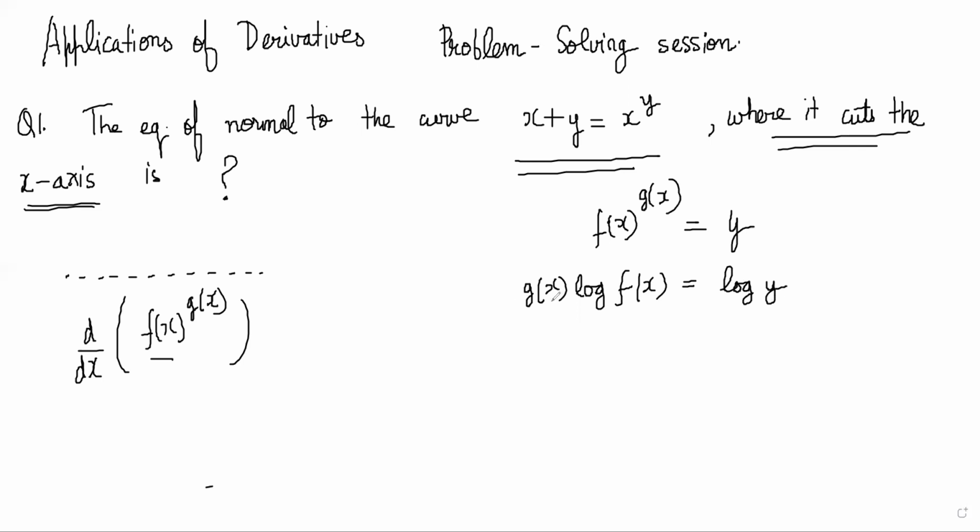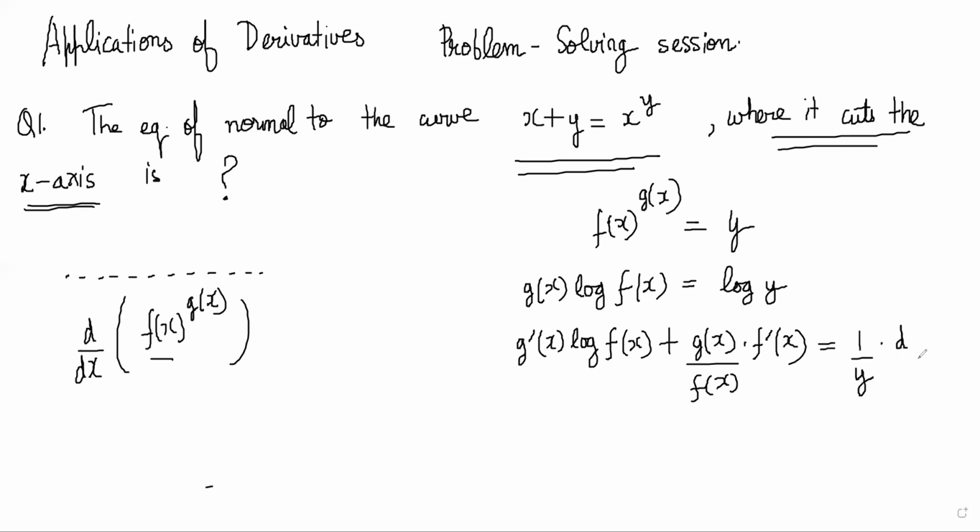Now you can differentiate. So this will become g dash x log f(x) plus g(x) by f(x) multiplied by f dash x, is equal to 1 by y dy by dx. Right, so dy by dx can be now isolated.